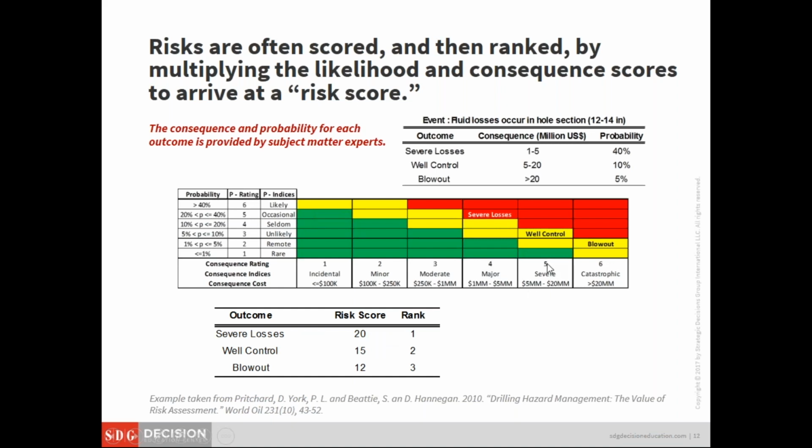We could do the same thing for well control: 5 times 3 would be 15, and for a blowout, 6 times 2 would be 12. And then we could rank these risks from most significance, what we should focus on, potentially to the least. Okay.